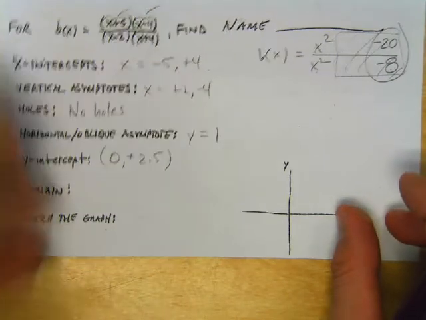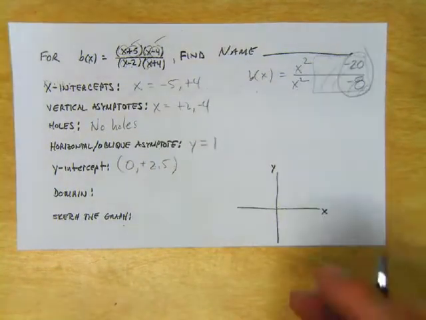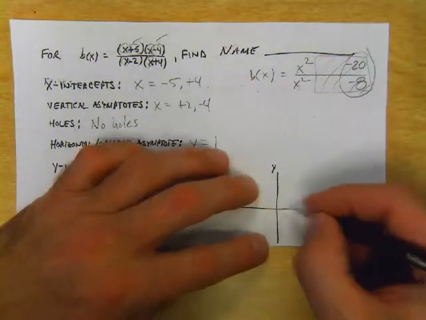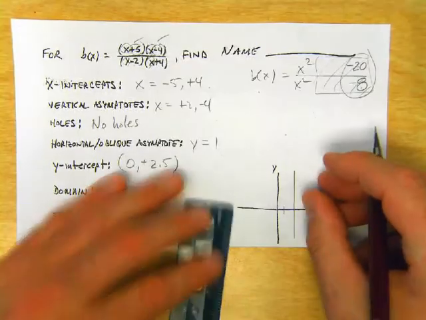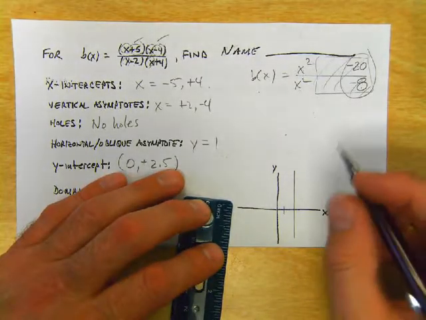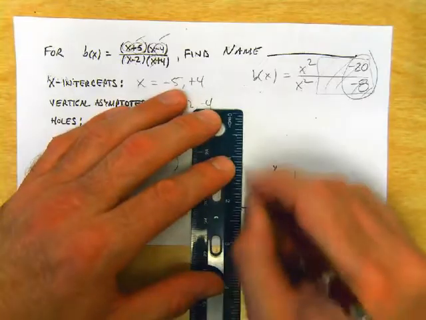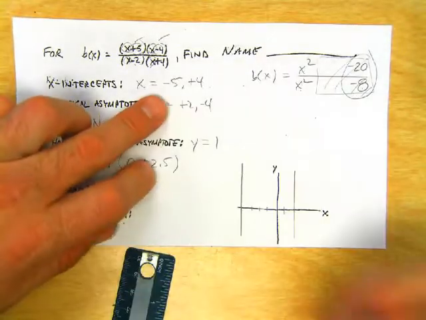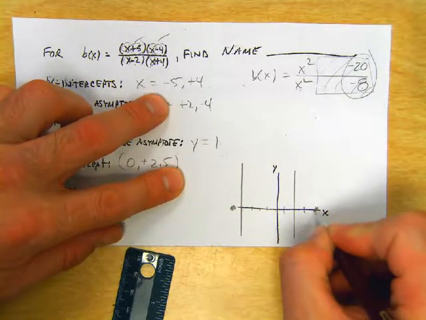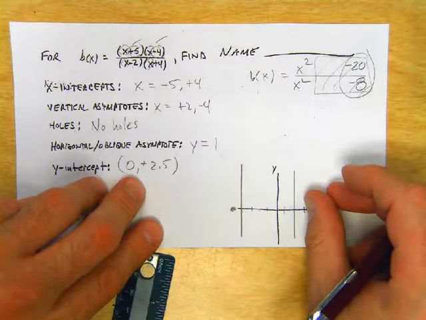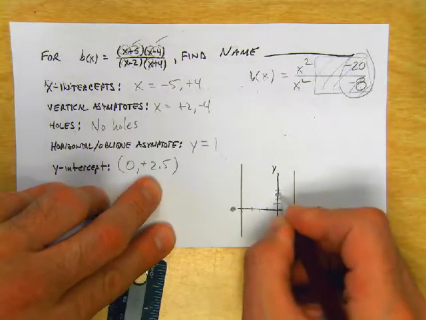All right. So now let's graph everything that we know. We know the vertical asymptotes are at plus 2 and at minus 4. And there's x-intercepts at negative 5 and plus 4. And there's a y-intercept at 2.5.